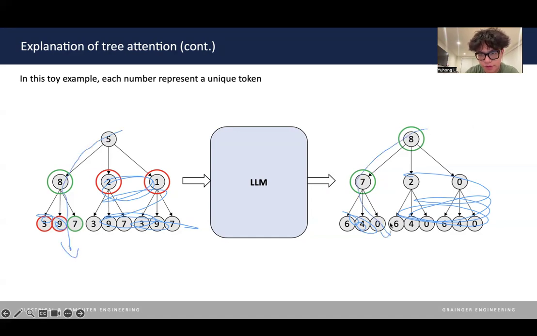It's literally a chain, and we do a verification. It's like 5 and 8 and 7. That's the input to the LLM, and the output is 8, 7, 0, right? When we do the shift, we see this being accepted, this being accepted, right? And also 0 must be accepted. So it's just a complex version of the previous chain example.